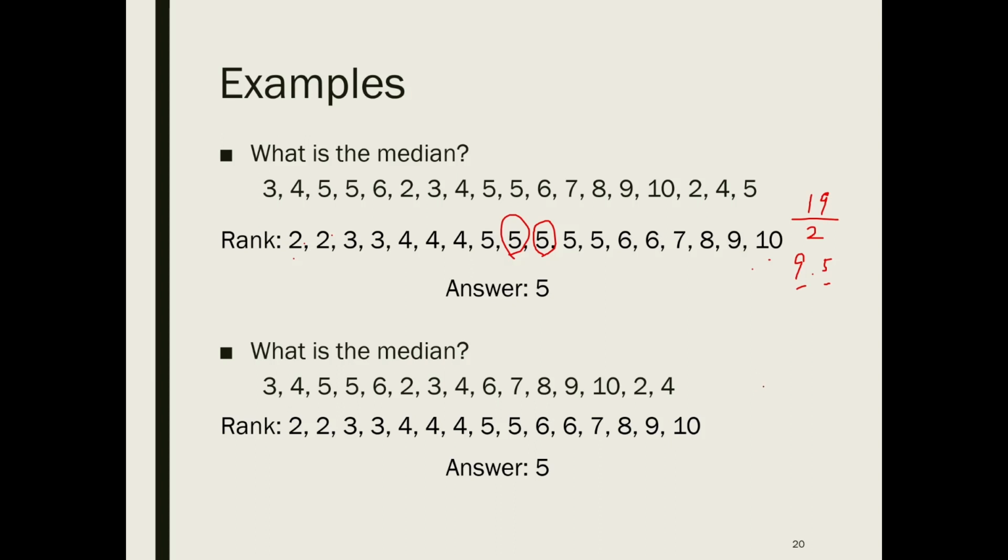So 15 plus 1 divided by 2, that's 16 divided by 2, that's the eighth. So you're looking at the eighth number, which is the median. 1, 2, 3, 4, 5, 6, 7, 8. Okay, so the median in this one is 5.